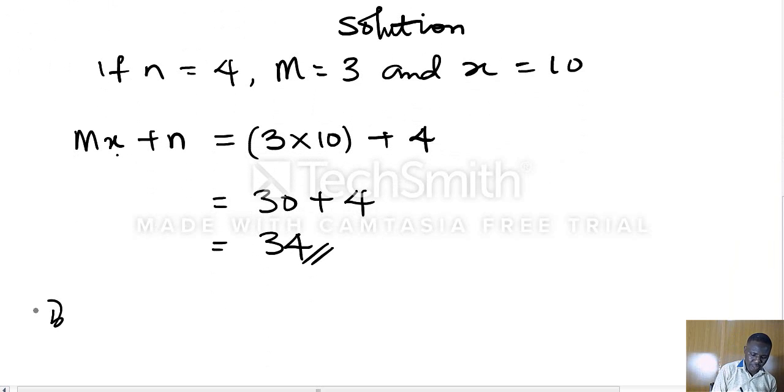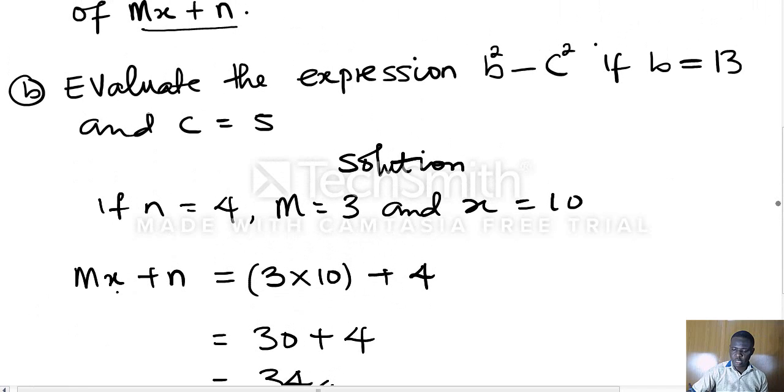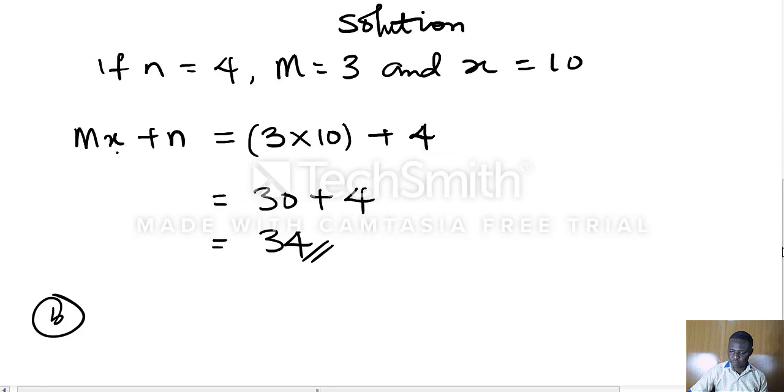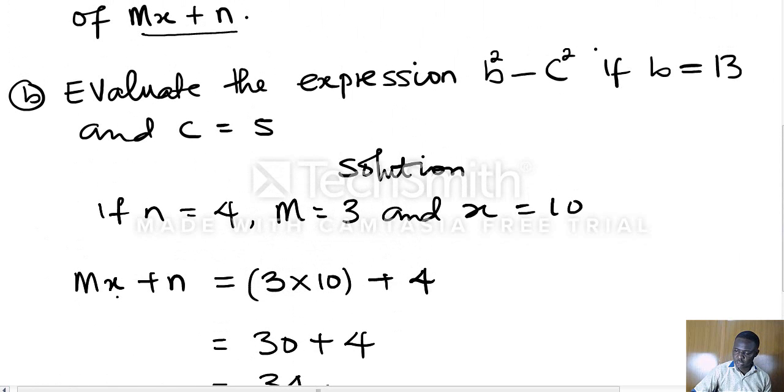B says we should evaluate the expression b squared minus c squared if b is given as 13 and c is given as 5. So we say if b is equal to 13 and what else?